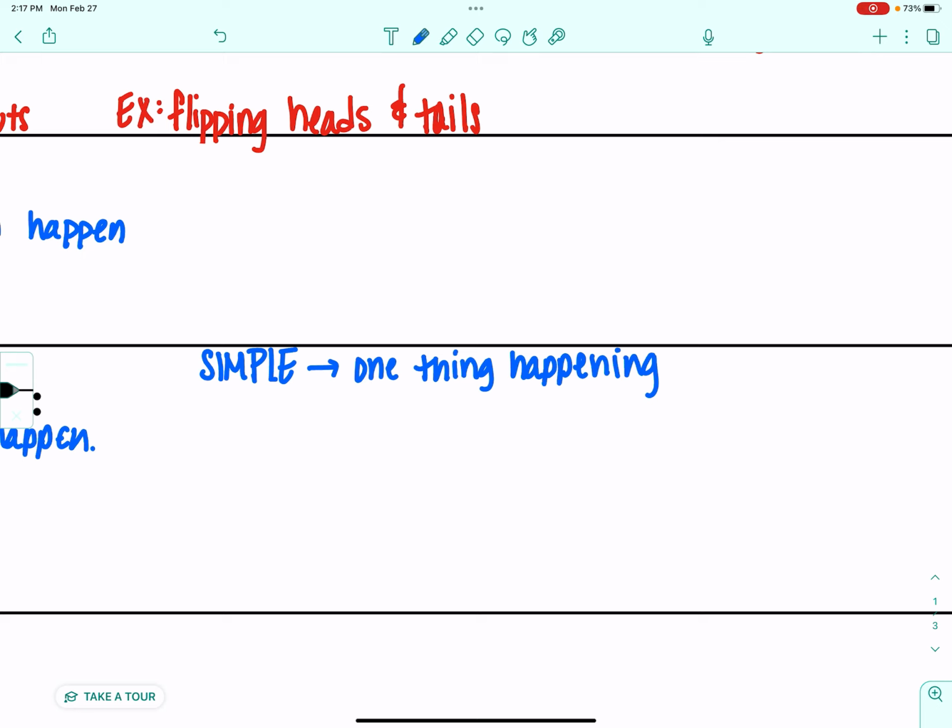A compound event is more than one thing happening.